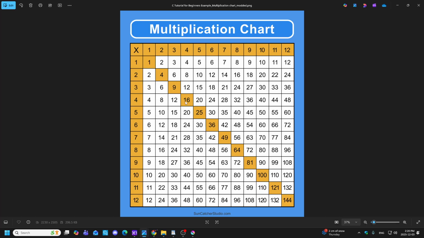These are the perfect squares. Those are important when you slowly level up in your mathematics skills. I recommend that you memorize those.